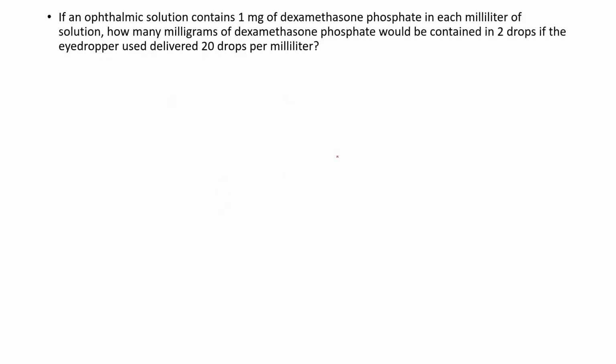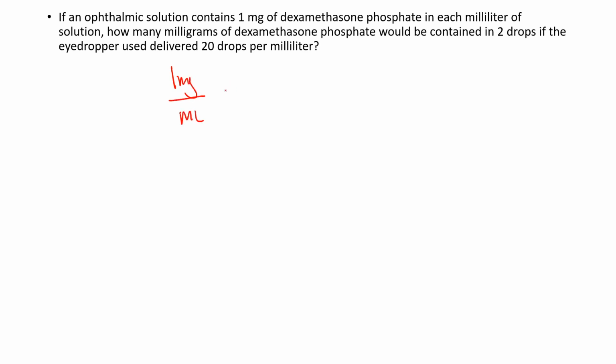If an ophthalmic solution contains 1 milligram of dexamethasone phosphate in each milliliter of solution, how many milligrams of dexamethasone phosphate would be contained in 2 drops if the eyedropper used delivers 20 drops per milliliter? So the ratio is 1 milligram per ml.